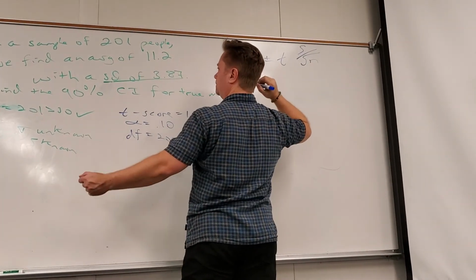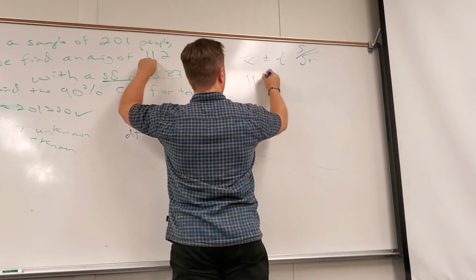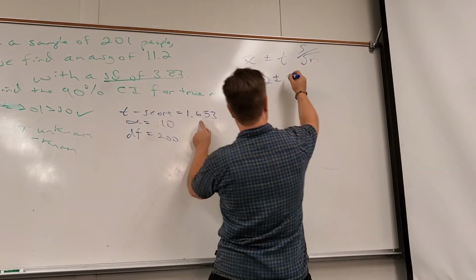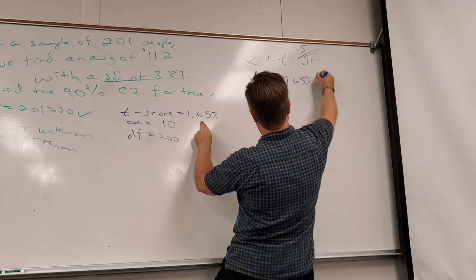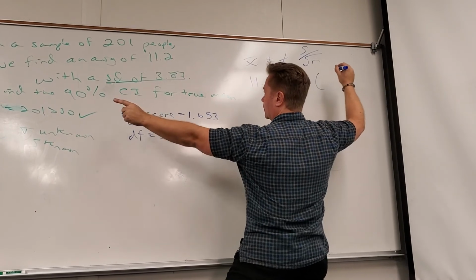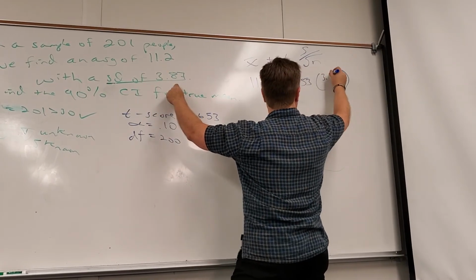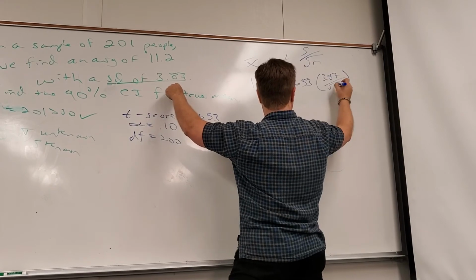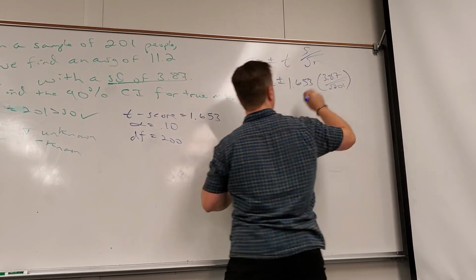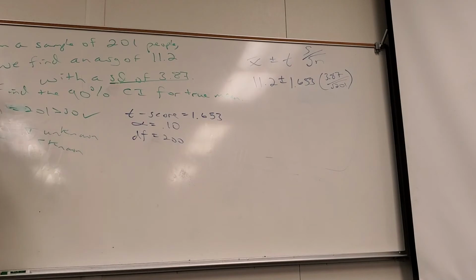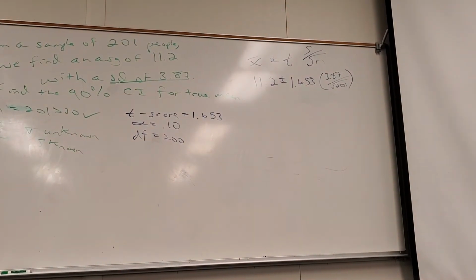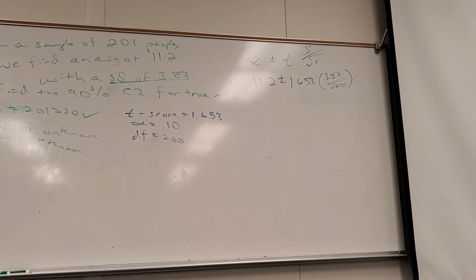What's X bar? 11.2. Give or take this many. S was 3.87 divided by square root of 201. Once you figure out the t or z score, whatever it is, they pretty much have to give you everything else. Now, I could give you a problem. I think on the practice test, was it number 3?